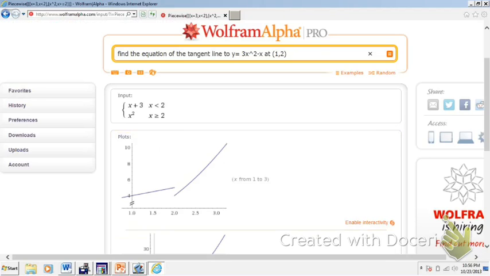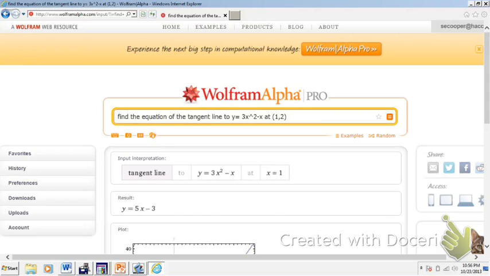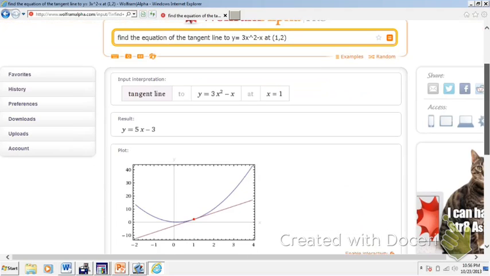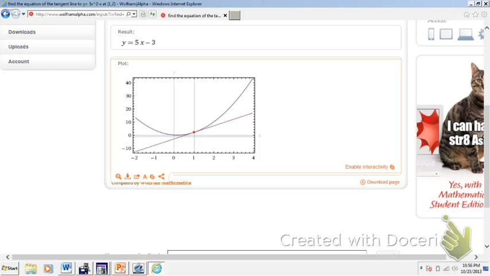This is find the equation of the tangent line to y equals 3x squared minus x, but like I said, you could type in any old function and then a given point. And not only does it give you the result, there it is, the equation of the tangent line, it even draws you the graph. There's the actual equation of the tangent to the curve at the given point.